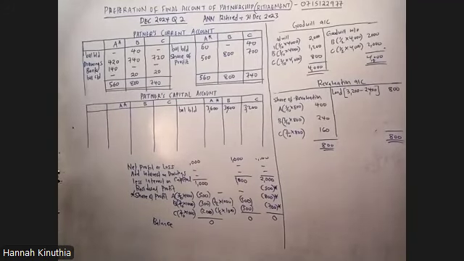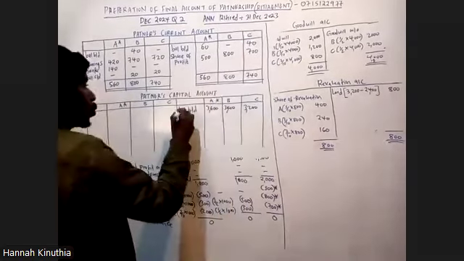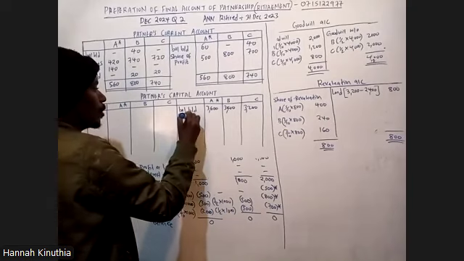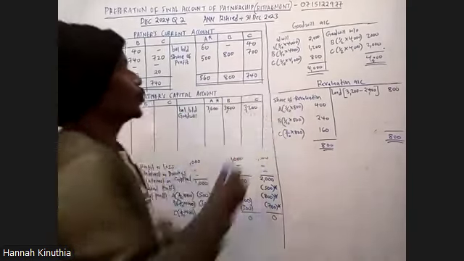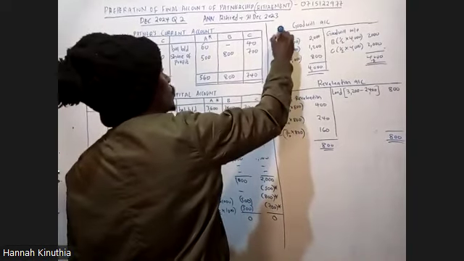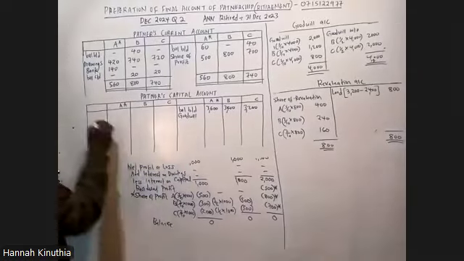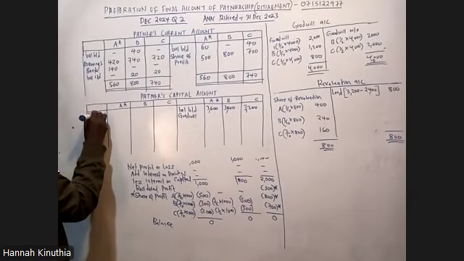Let's consider some items which affect this account. One of them is the goodwill. So goodwill always affects the capital account. Goodwill before, and then on the other side huku itakuwa ni goodwill written off.